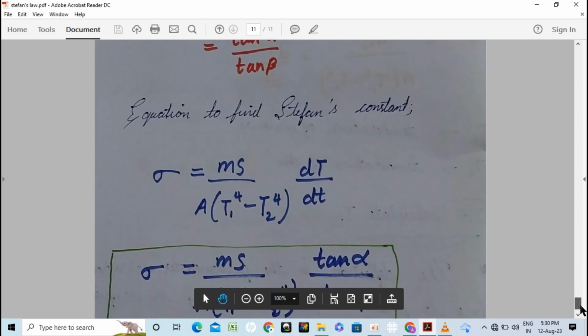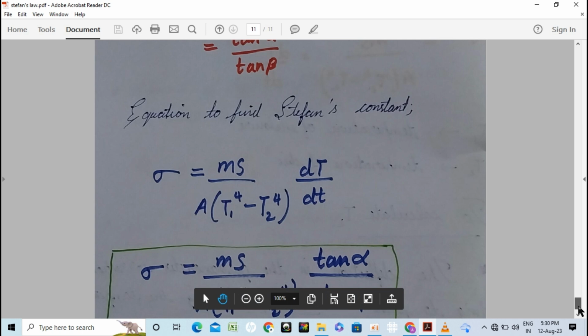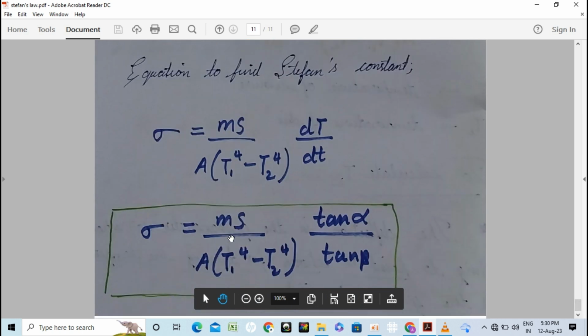On substituting this value into the equation sigma is equal to ms by A into T1 raised to 4 minus T2 raised to 4 times dt by dT, we get sigma equals ms by A into T1 raised to 4 minus T2 raised to 4 times tan alpha by tan beta. So this is our required equation to find Stefan Boltzmann's constant.